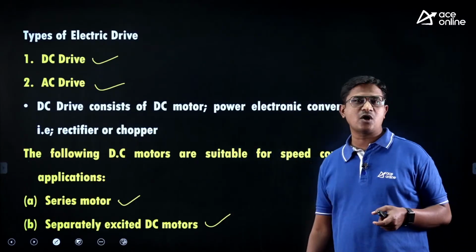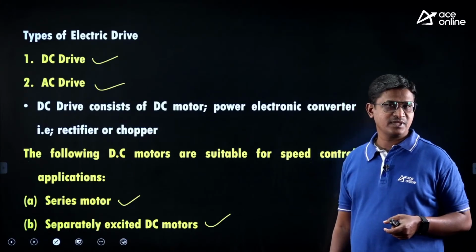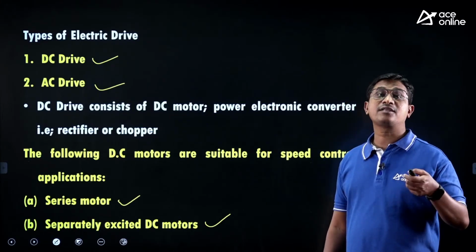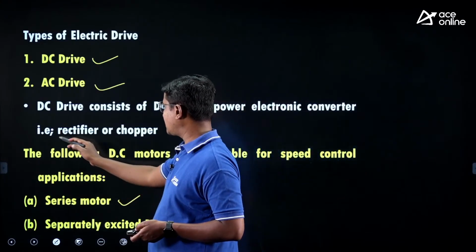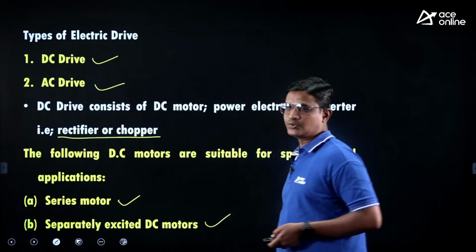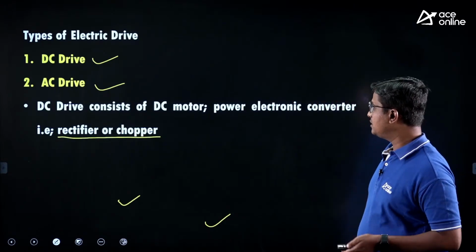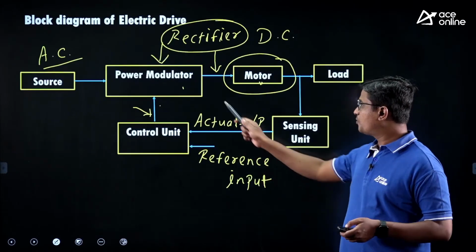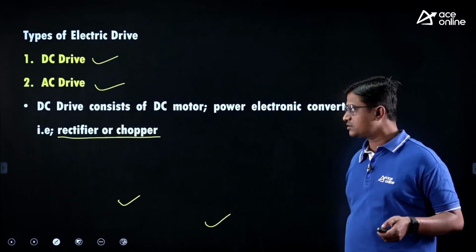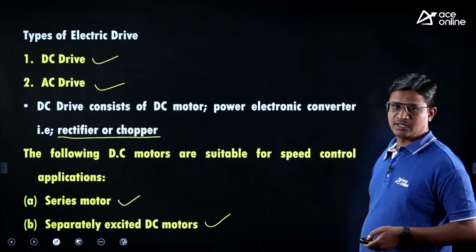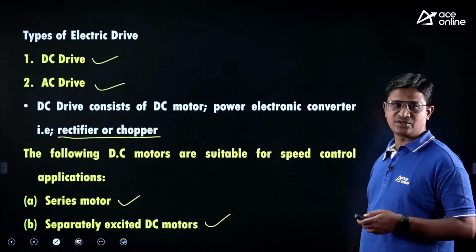Chopper and rectifier, right? So here power electronic converters such as rectifier or choppers are used. Always keep in mind, the output of the power modulator is nothing but the input to the motor, right? So in DC drive, chopper and rectifiers are used.